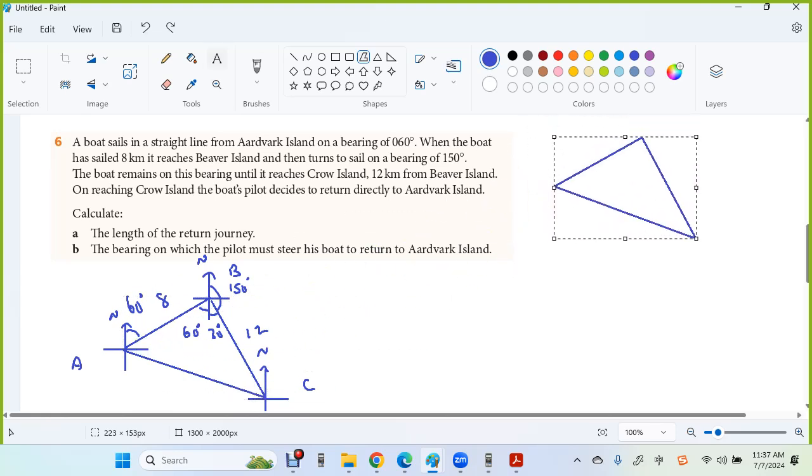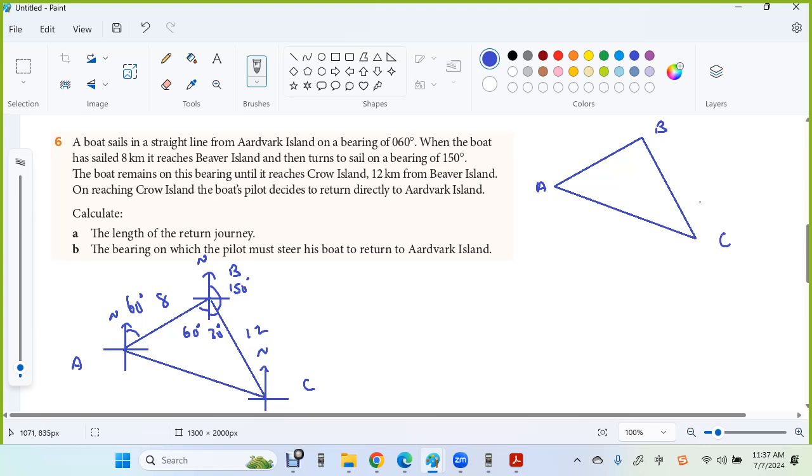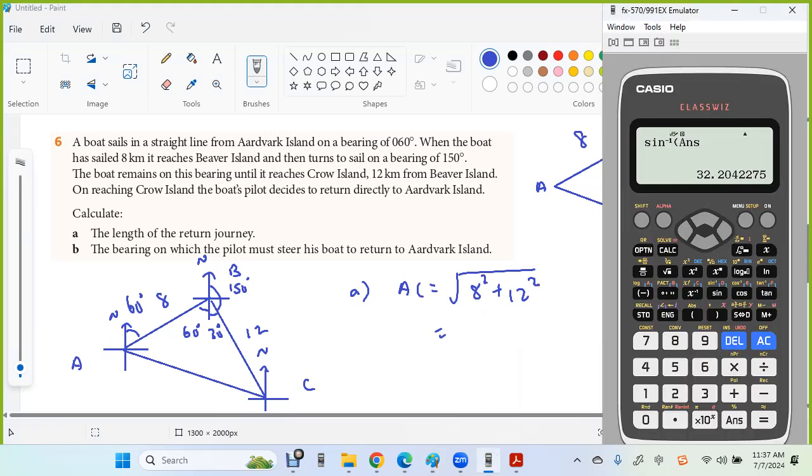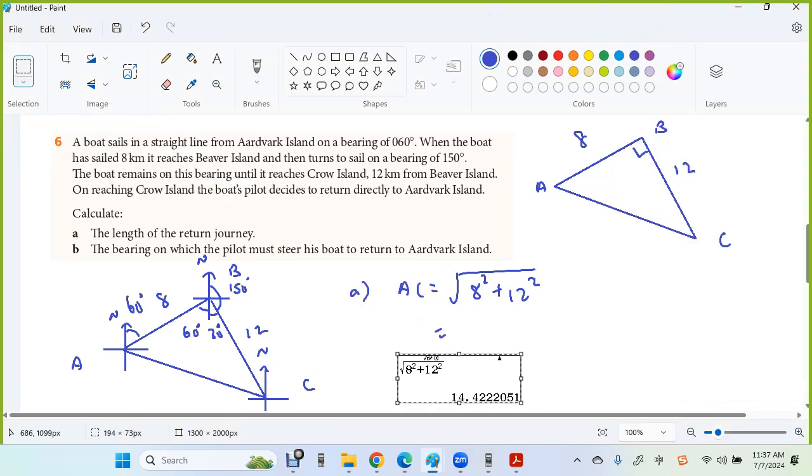So this is A, this is B, this is C, this is 90 degrees, 8 and 12. So for AC we can use the Pythagoras theorem. AC will be the square root of 8 squared plus 12 squared. So it will be 14.4.